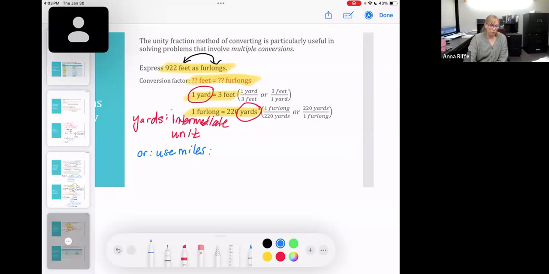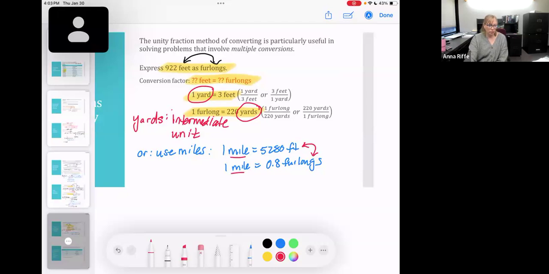You could use miles by noting that 1 mile is equal to 5,280 feet. And 1 mile is equal to 0.8 furlongs. So this is a way to connect feet and furlongs by that intermediate unit of a mile.